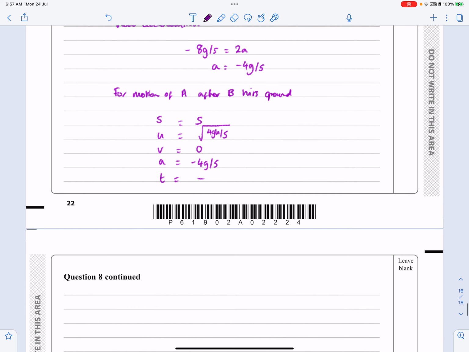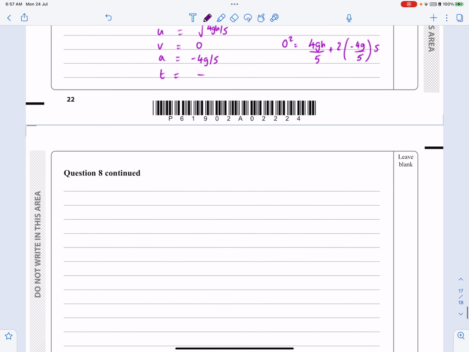So if we put this into v squared equals u squared plus 2as, I hope you're all still with me. We're going to get 0 squared is equal to 4gh over 5, that's why I wasn't too worried about the square root thing, that's going to be squared again, plus 2 lots of this new acceleration, minus 4g over 5, all multiplied by s. Right, let's not make a mistake algebraically if we've got this far.